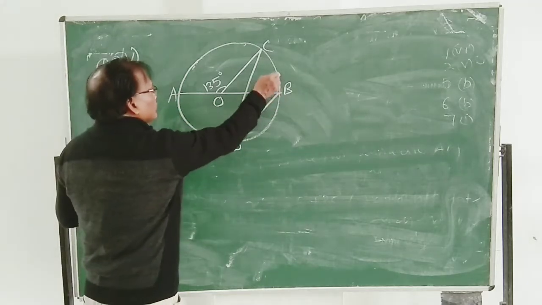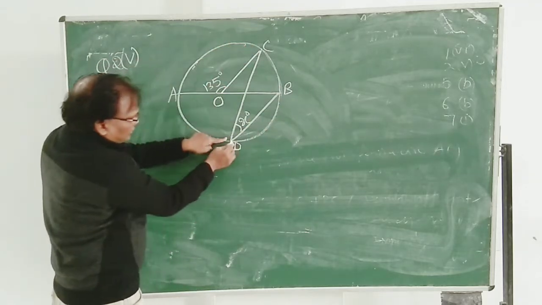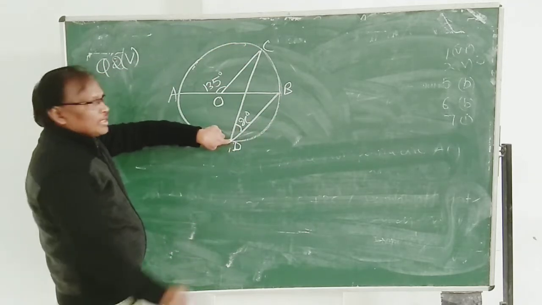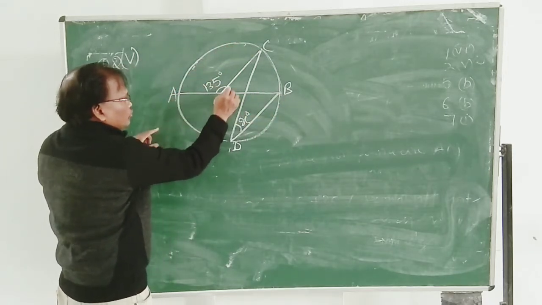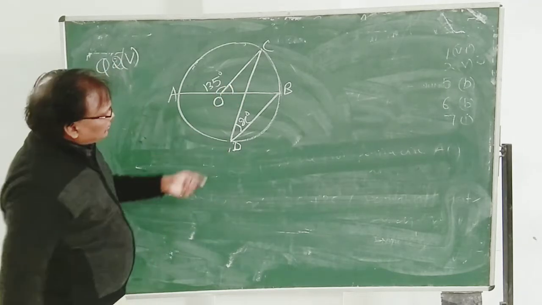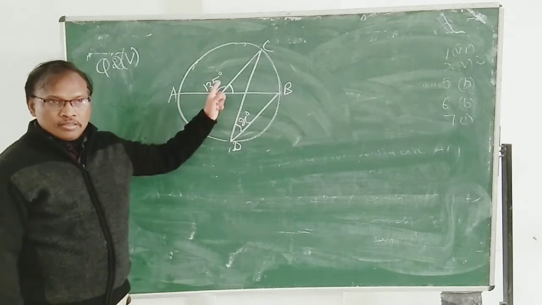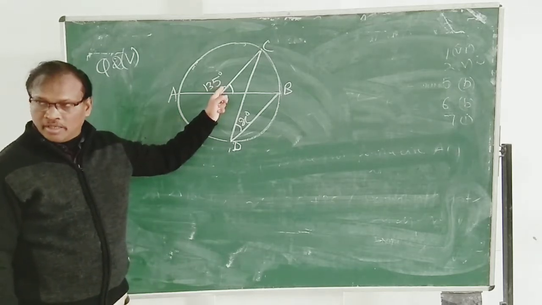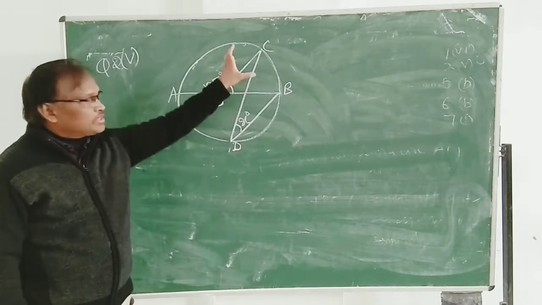From this arc BC, the angle is x, and from the same arc the angle at the center at O, means this angle, what is the relation in this angle? This is 2x. मतलब angle at the center is double of the angle at the circumference from the same arc.